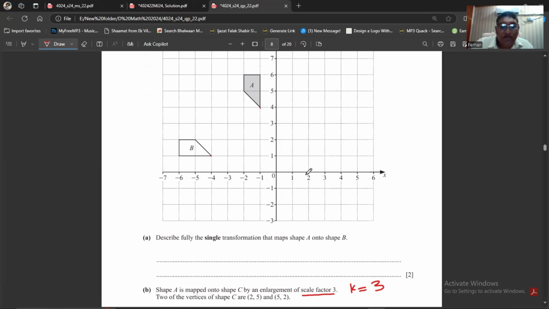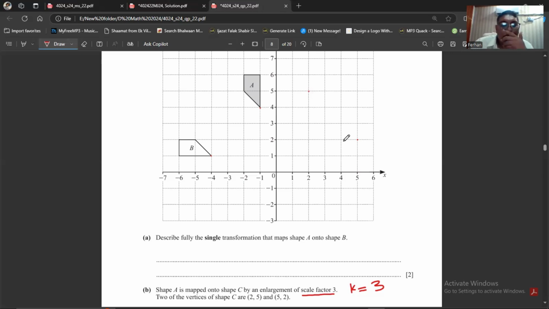One is (2, 5), which will be this point, and then we have (5, 2), which will be this point. So this represents this diagonal. There is only one diagonal line in the image, and in the object, 1, 2, and 3 diagonals. So you see the scale factor is 3. The image is 3 times larger than the object.